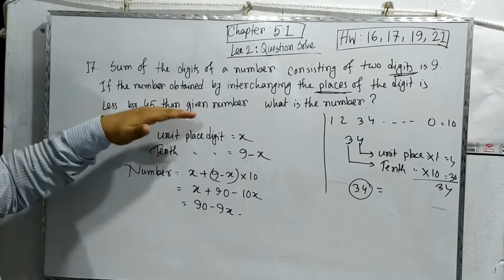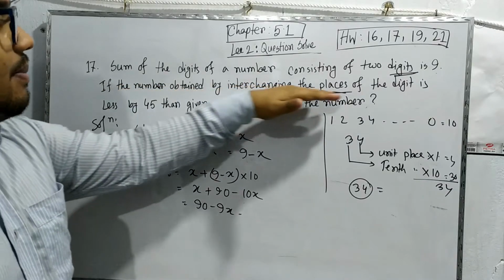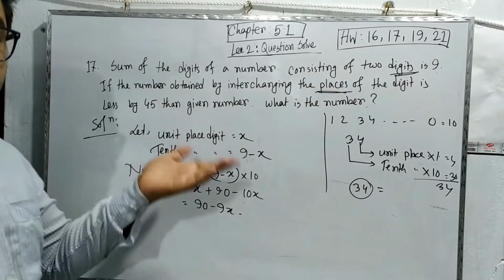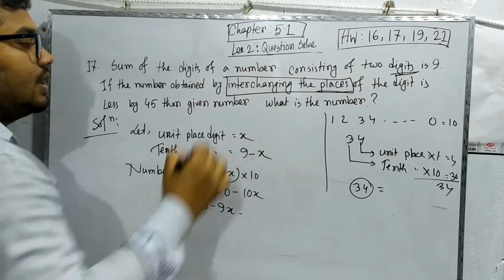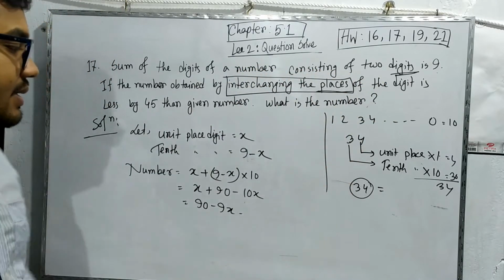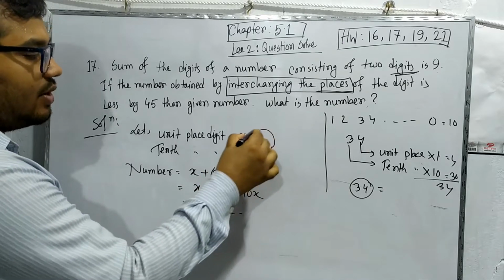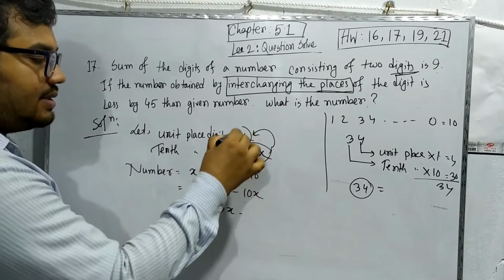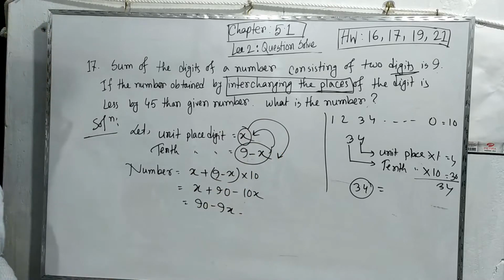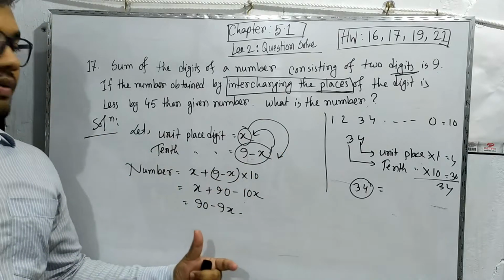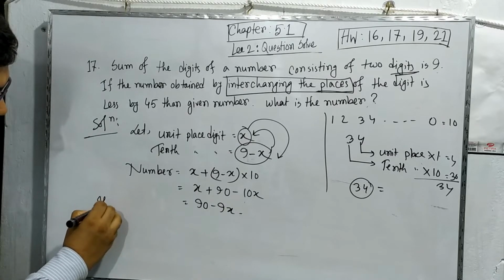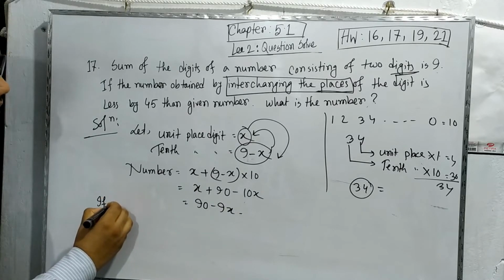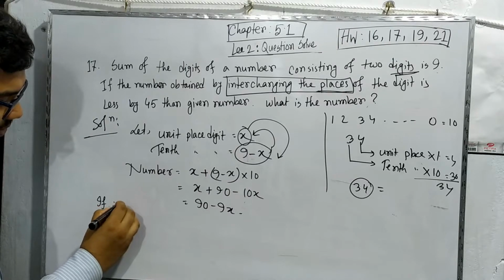Now the question says, if we are interchanging the places, what does the line mean? Interchanging the places means this 9 minus x will be our unit place and this x will be our 10th place.